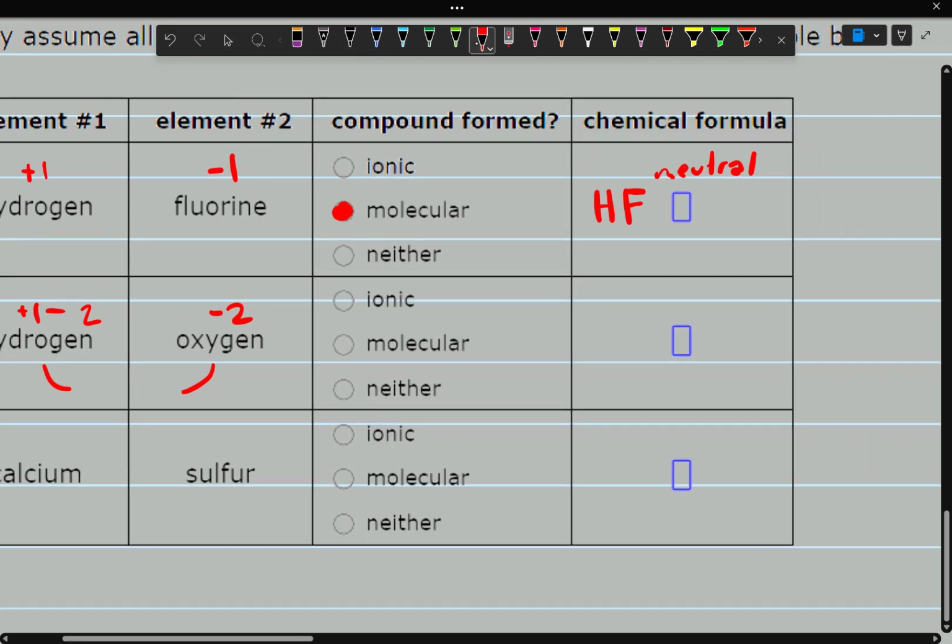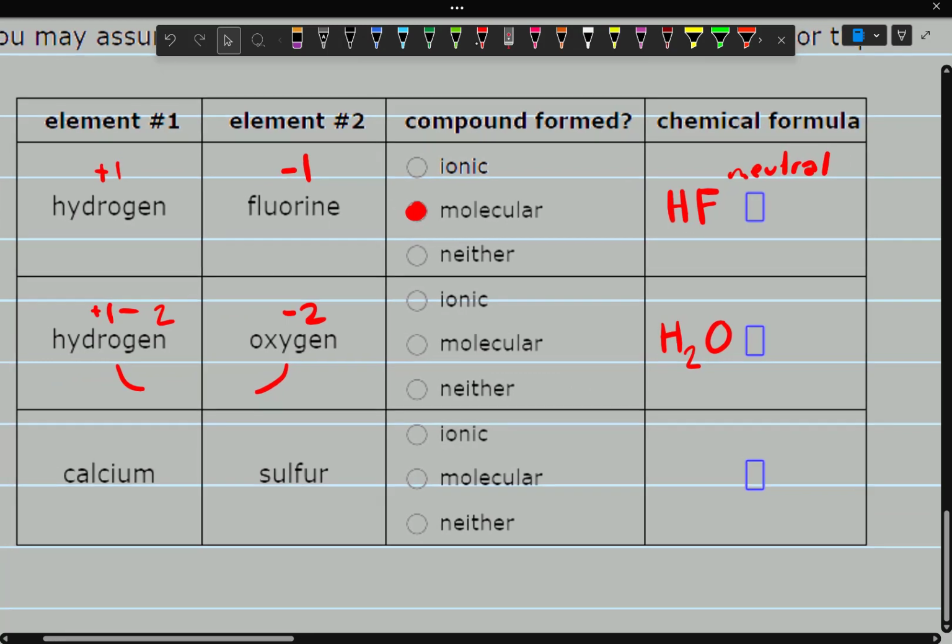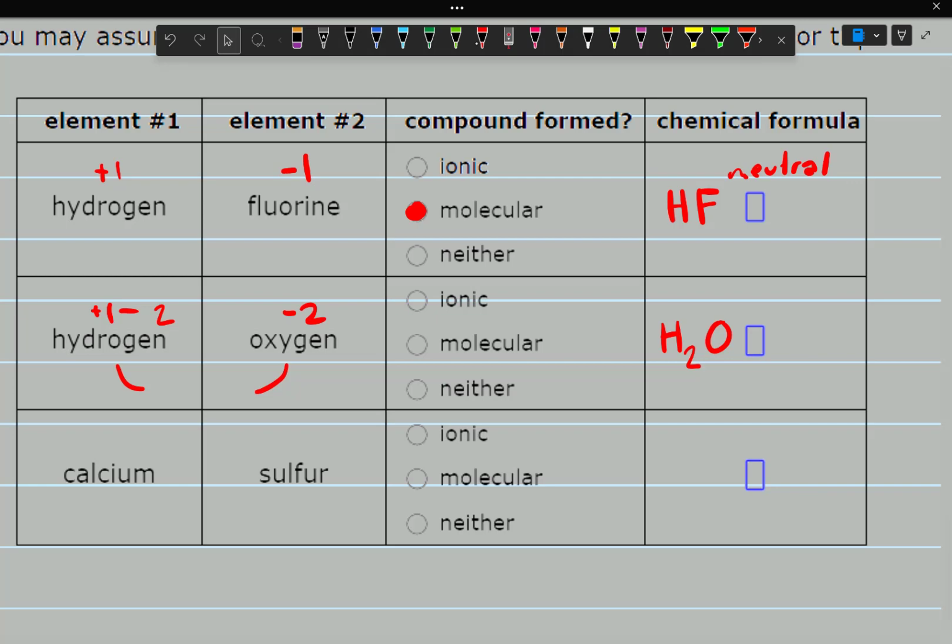So that means we are going to have a very familiar compound of H2O. Hopefully you know that's water. And is it an ionic compound? Well, neither hydrogen nor oxygen is a metal, so this is another molecular compound.